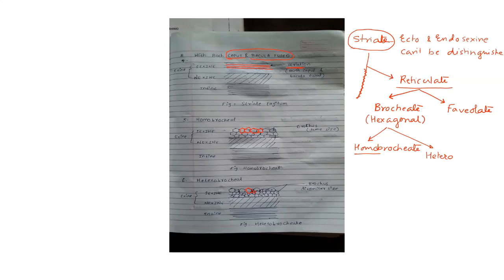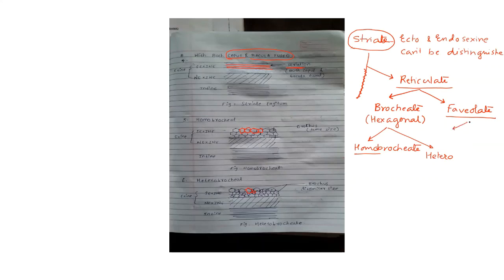If this brochus cavity is hexagonal, it is called brochiate. Sometimes the brochi are circular instead of hexagonal. Just now we have drawn hexagonal brochi. But instead of hexagonal, if they are circular, then the word faviolate is used in the same manner.